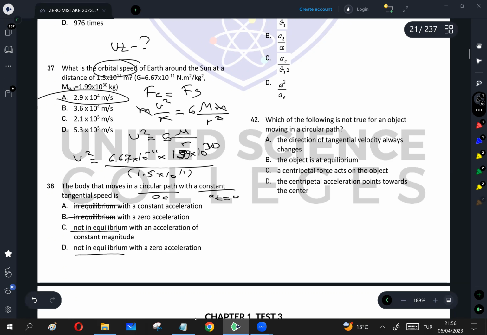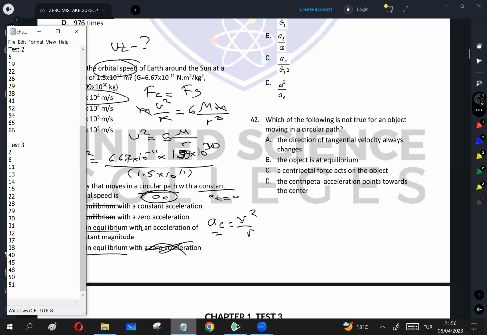Not in equilibrium with a zero acceleration is impossible. If there's an acceleration, there is no equilibrium. Zero acceleration means equilibrium, so this cannot be correct. Just one choice is left: not in equilibrium with an acceleration of constant magnitude. Why constant magnitude? Because a_c is v squared over R. Only a_c exists and v is constant. If v is constant, then a_c must be constant in magnitude.